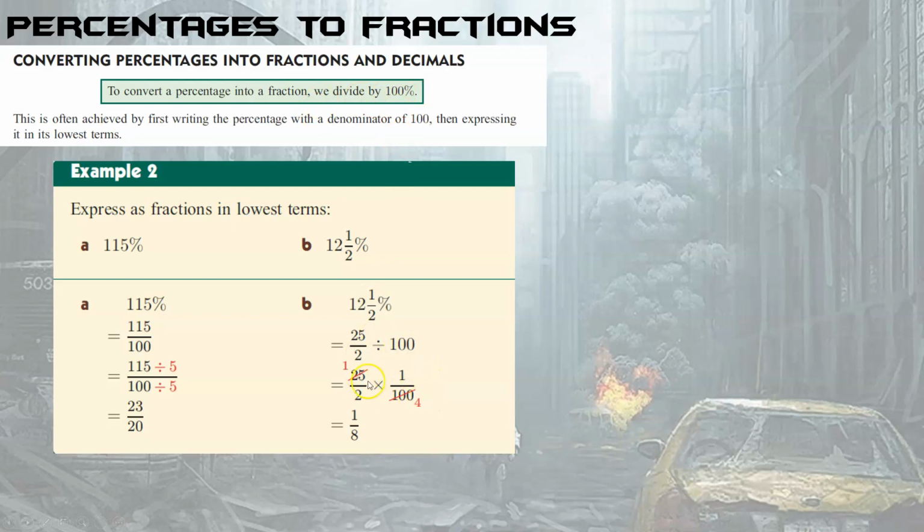So divide by 100, I simplify out the 25 and the 100 here because all I've done is I've converted divide by 100 into a multiplication. So I've reciprocated this, 100 on 1, flip it, 1 on 100. Simplify 25 and 100. 25 goes into 25 once, 25 goes into 100 4 times. I get 1 on 2 times 1 on 4. That gives me 1 on 8 as a fraction.